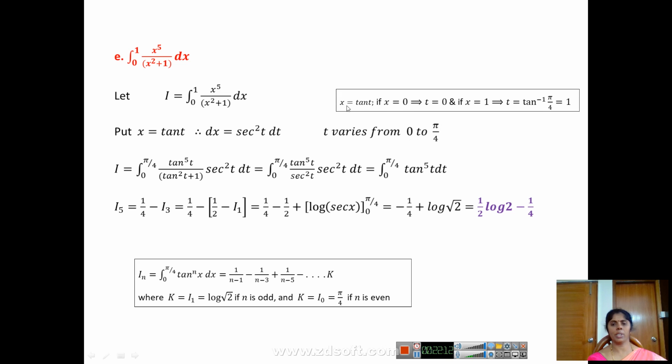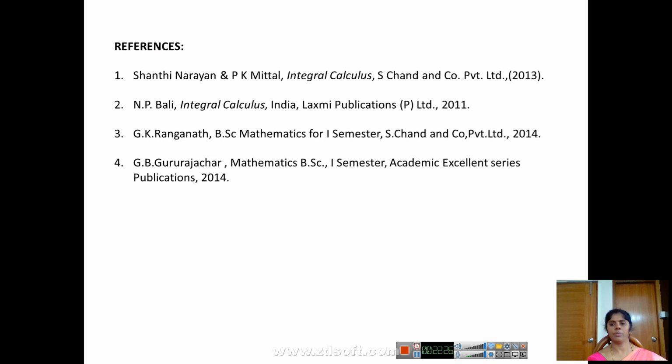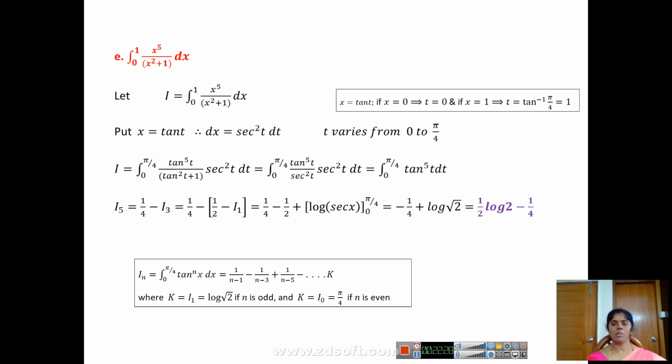That is x is equal to tan t. If x is equal to 0, t becomes 0. If x is equal to 1, t becomes pi by 4.